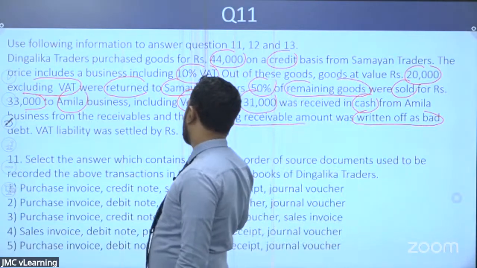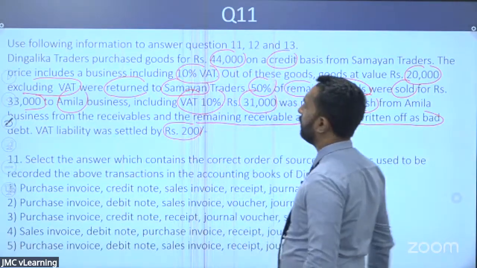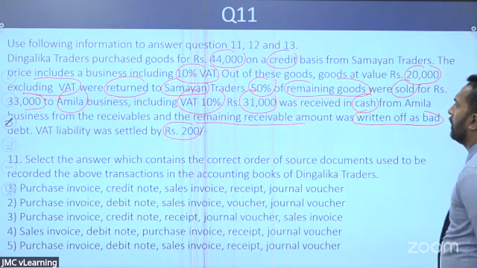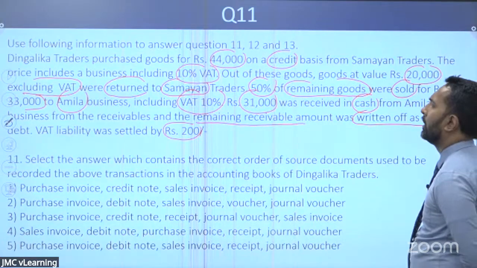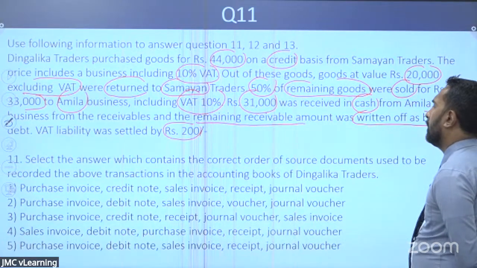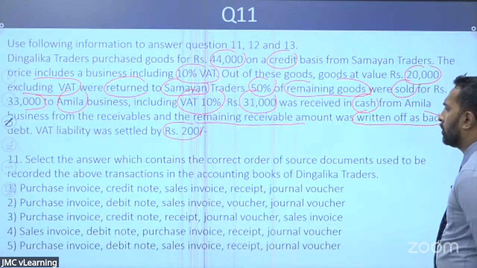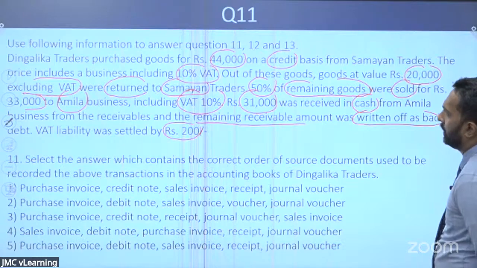VAT liability was settled by rupees 200. Select the answer which contains the correct order of source documents used to record the above transactions in the accounting books of Dingalika traders.